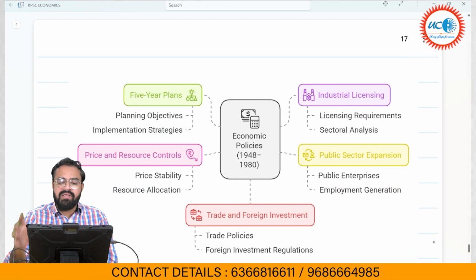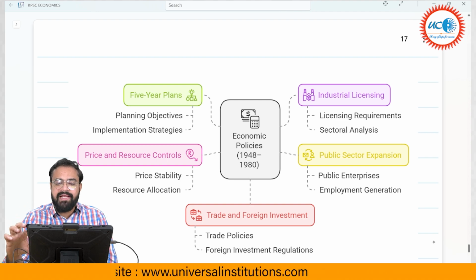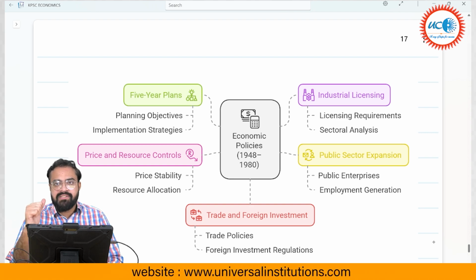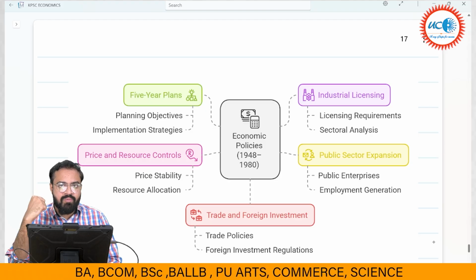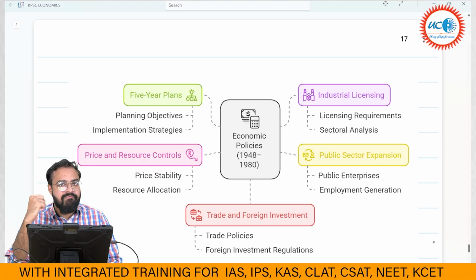If you look at some of the policies of this 1948 to 1980 period, the first one, as I said, is heavy domination of the 5-year plan. The State was given an extensive and effective role.